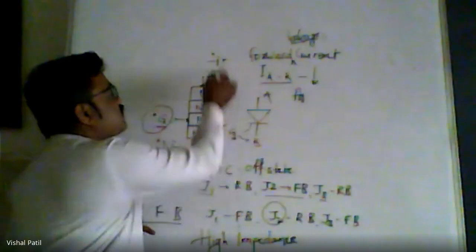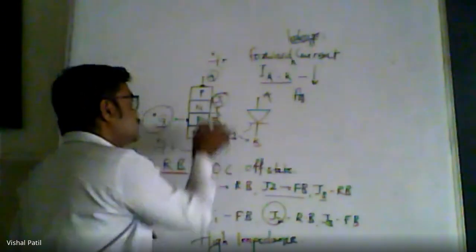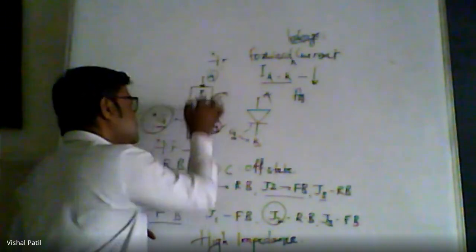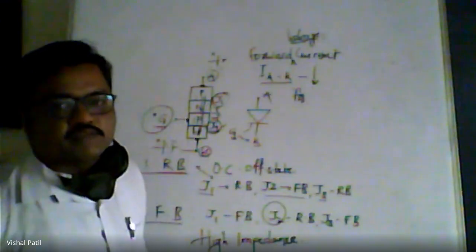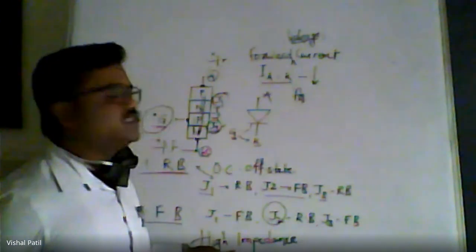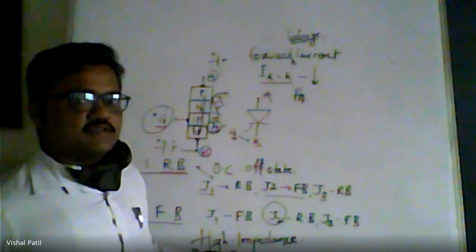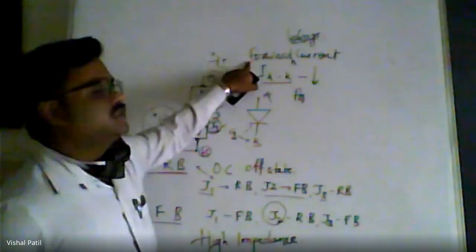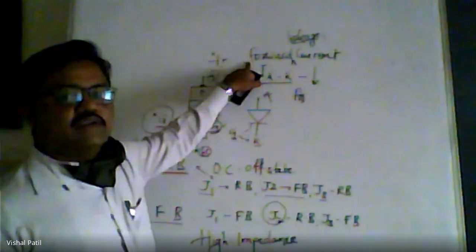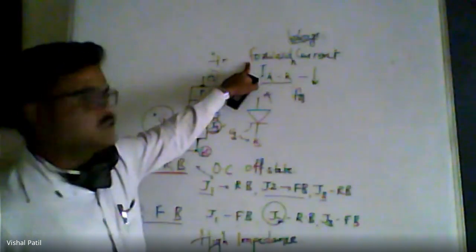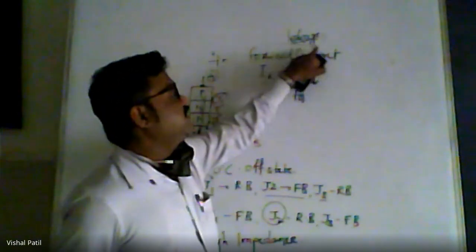When it flows through the device, it experiences very high impedance, because of which its magnitude is very small. Though the current flows in the forward direction, it is small. Hence, that current is called the forward leakage current.